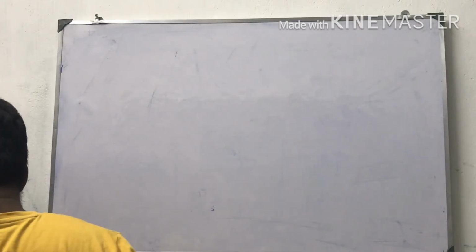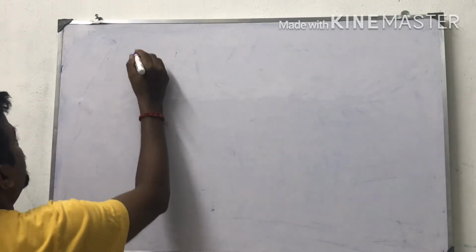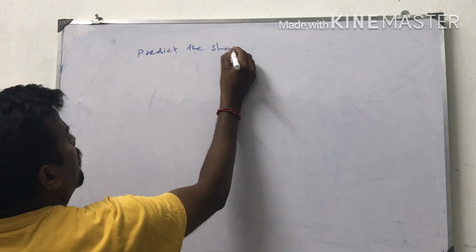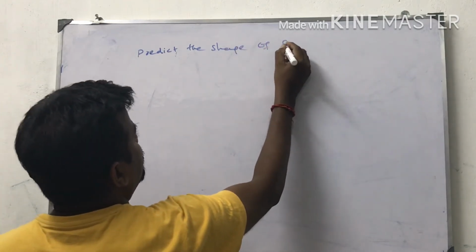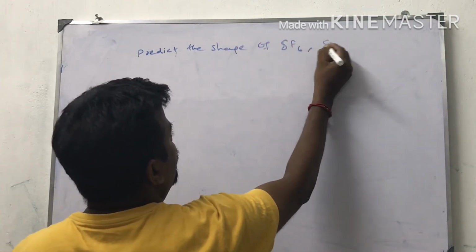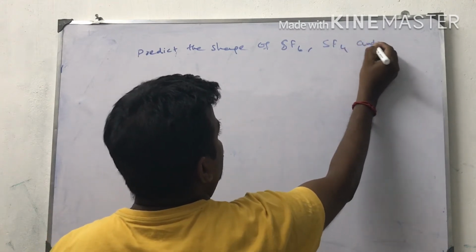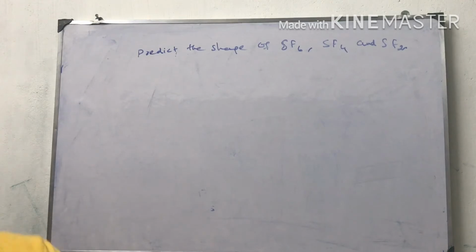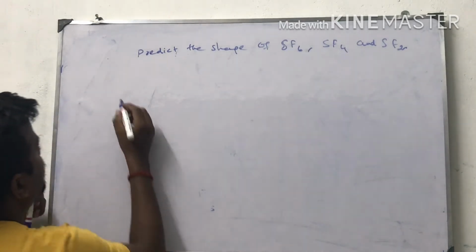Next question: predict the shape of SF6, SF4 and SF2. These three compounds, we have to derive the shape.